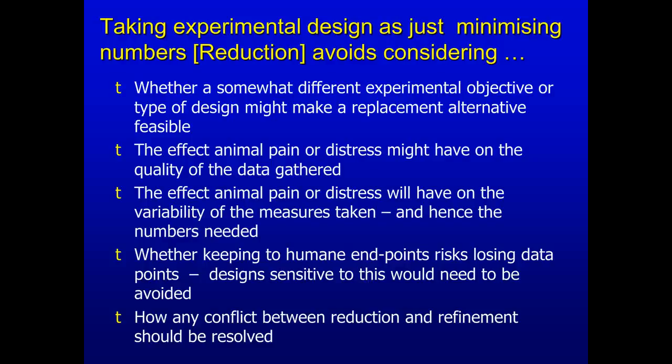There's also the possibility of a conflict between reduction and refinement. Fewer animals, but more severity. Or do you go for lower severity and a larger number of animals? And the answer to the question depends upon the particular thing you're doing. You might, for example, accept the higher severity of the implantation of the cannula, where we're using fewer animals than you would need with the variability of taking several samples of blood.